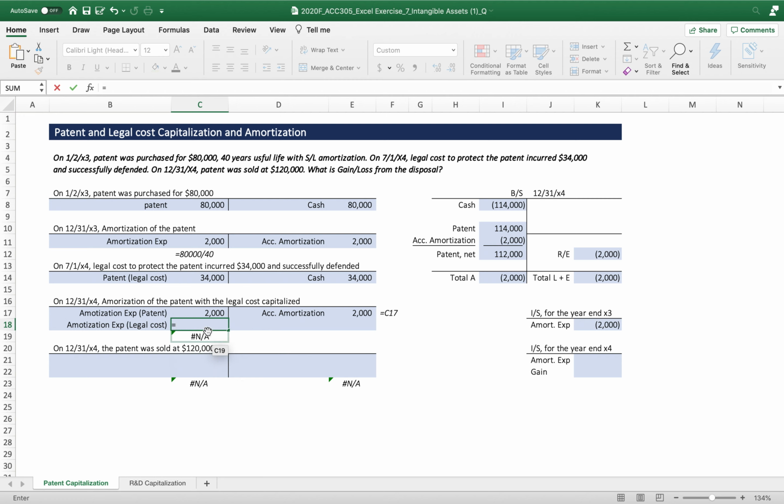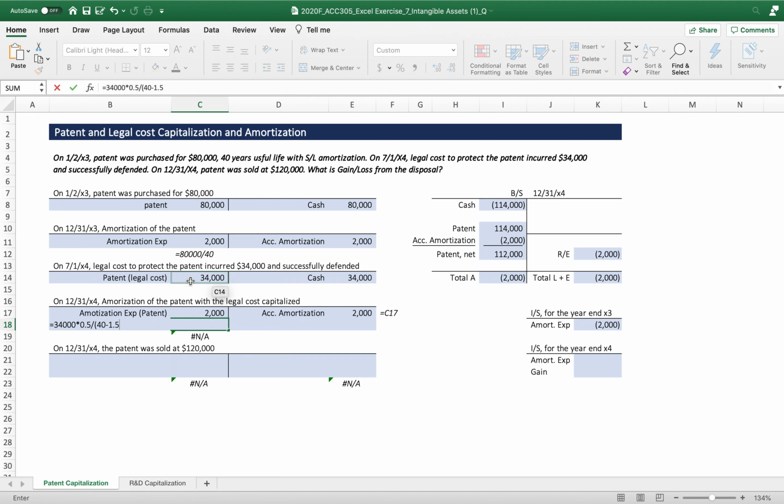So we have a different useful life: 34,000, which is the amortizable cost, times, now how many months have passed? Right, the half year, divided by the useful life of this patent up to the end of the 40 years. So we put 40 minus 1.5, right?